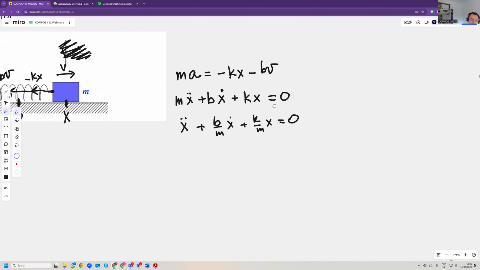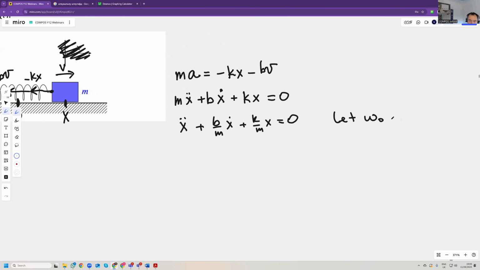I'm going to let omega 0 squared equal k over m. And I'm going to say that gamma is equal to b over m, just for convenience, because I don't want to carry fractions with me.